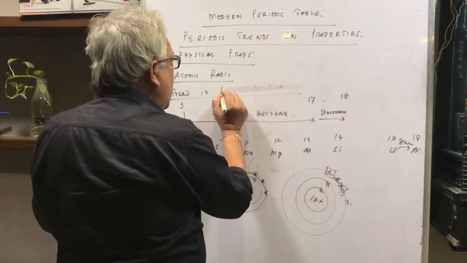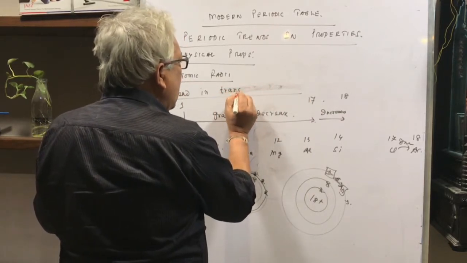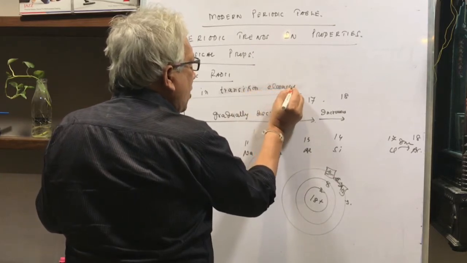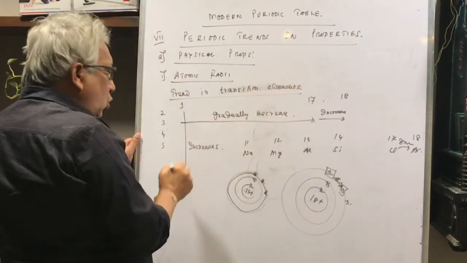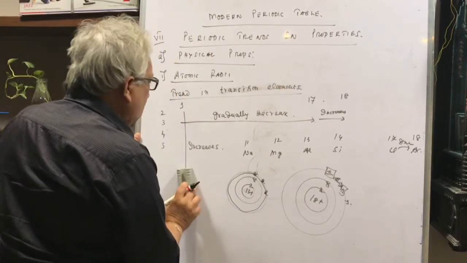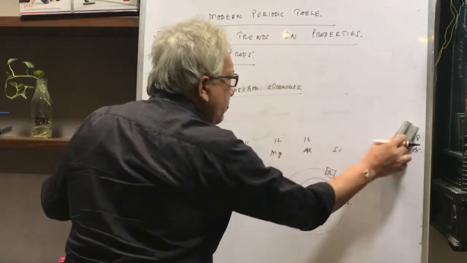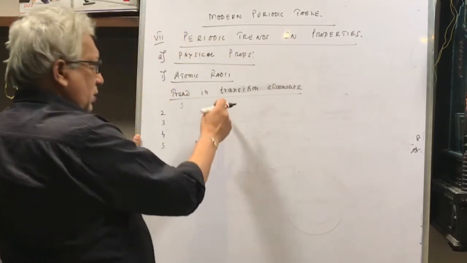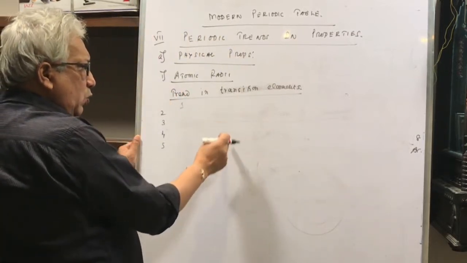Now when you talk about a trend in transition elements, what happens as you go down the group, from one period to another?